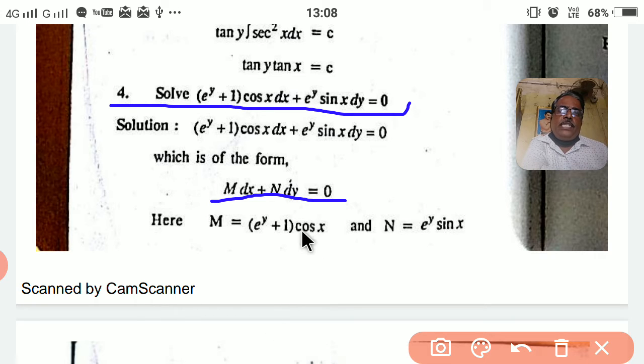Now we come to know M and N. So M is e raised to y plus 1 cos x and N is e raised to y sin x.